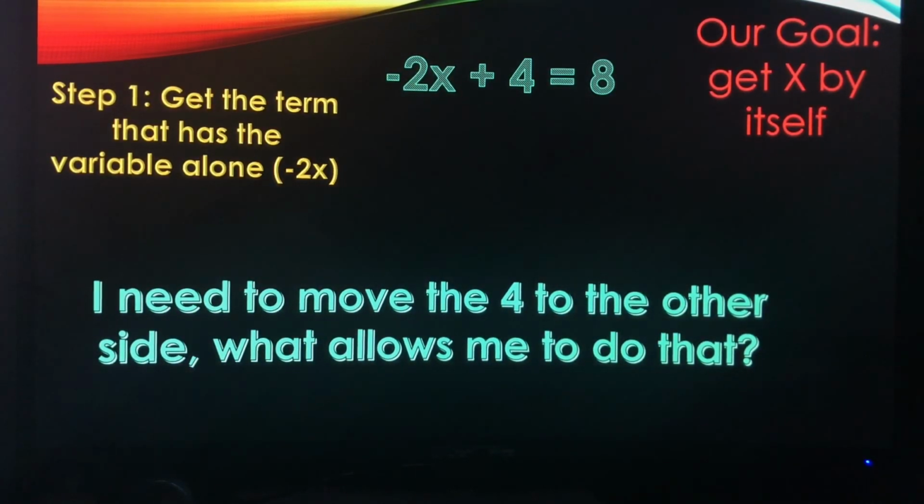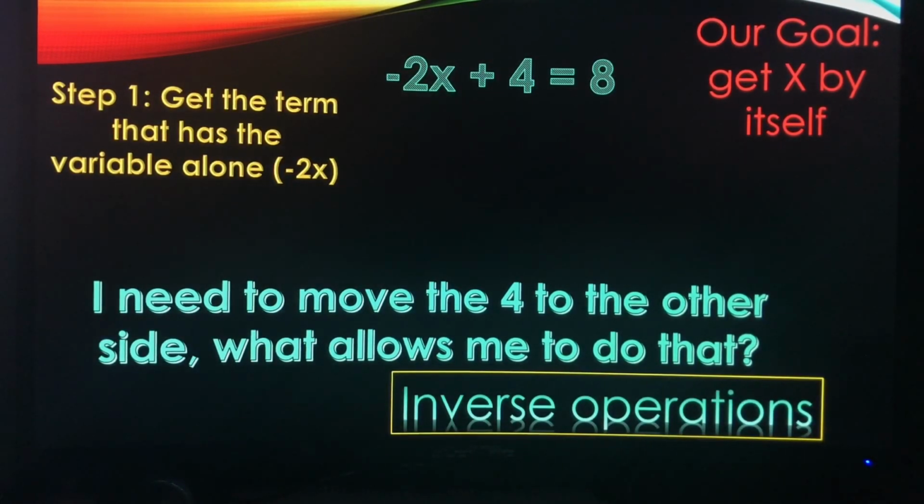What allows me to move the 4 over? Well, since it's being added, the inverse of addition is subtraction. So I like to draw this imaginary line straight down my equal sign. You could call it a river. To get to the other side of the river, you have to do the same thing, and it's the inverse.